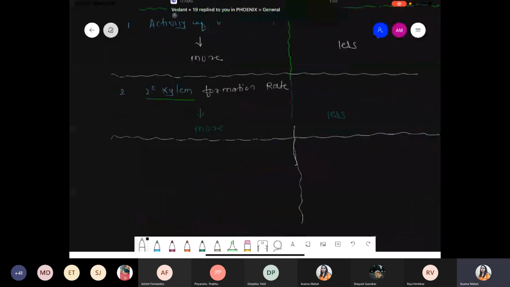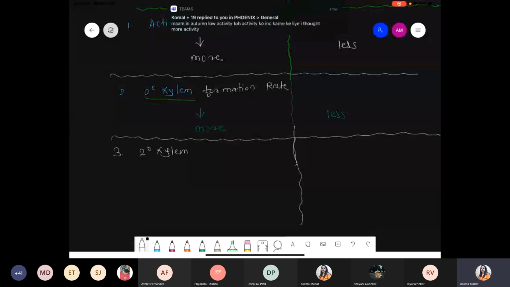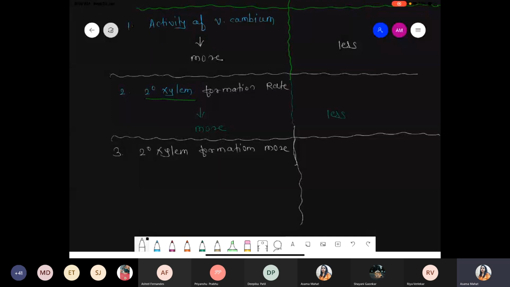So third point. If definitely we are talking about broad band, then in this condition secondary xylem formation is more, and ultimately they can form a broad band.